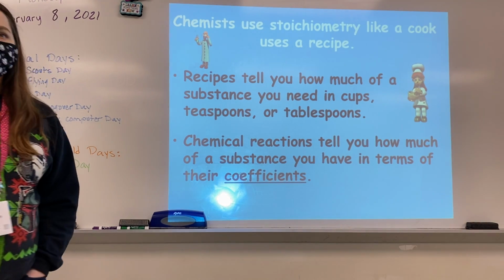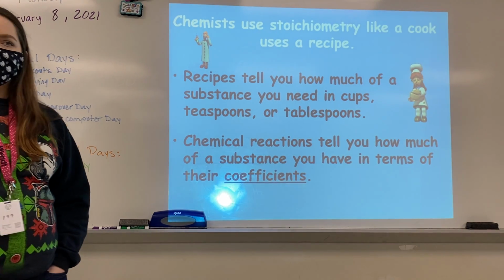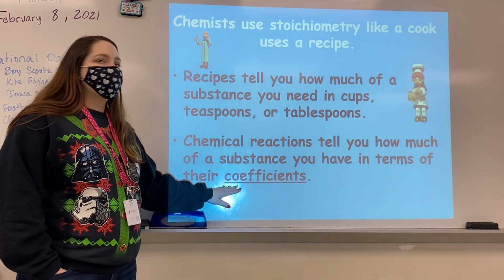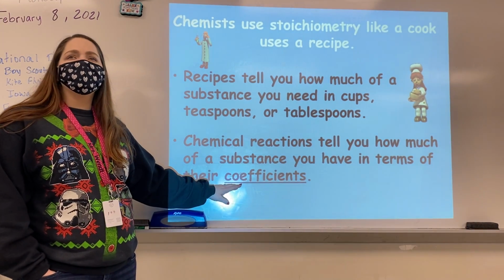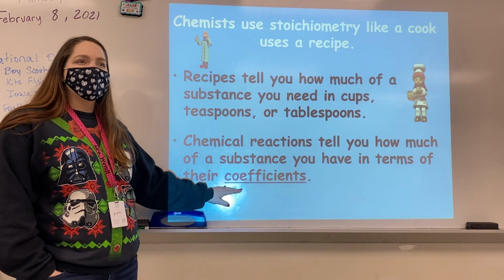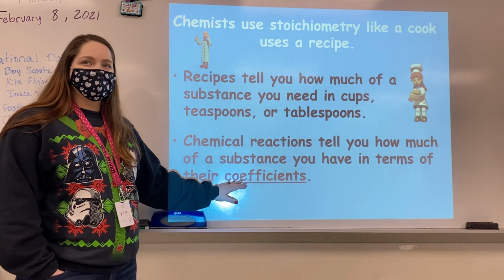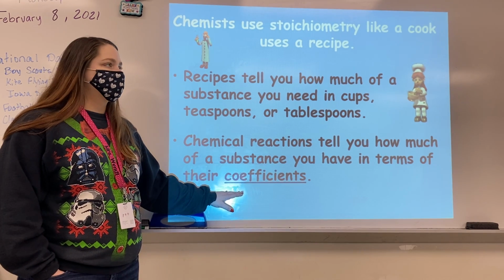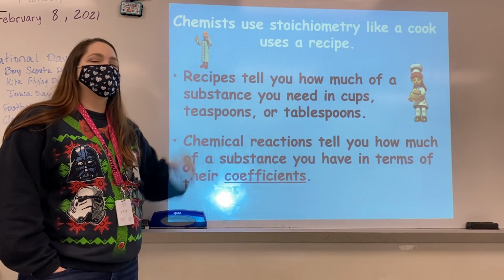That number that's going to tell us how much of our reactants and how much of our product we have, that number is called your coefficients. So I think we've already done balancing equations. Yes, we did that, right? Yeah. We already learned about coefficients. So this word should look very familiar.